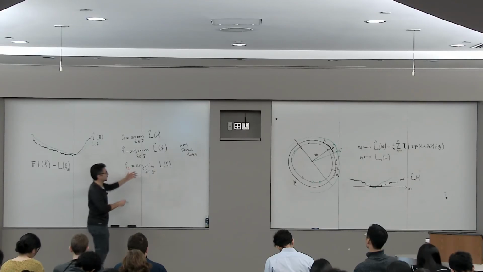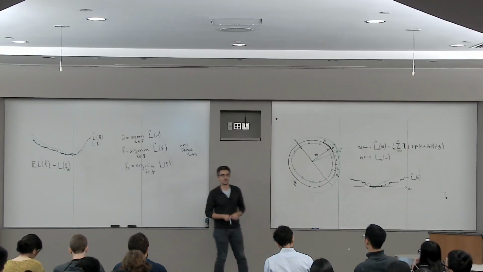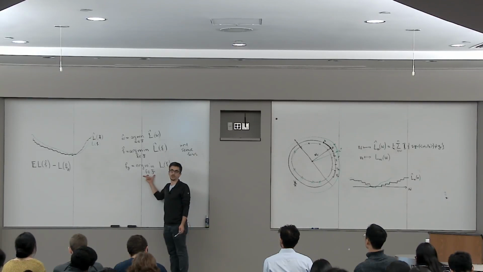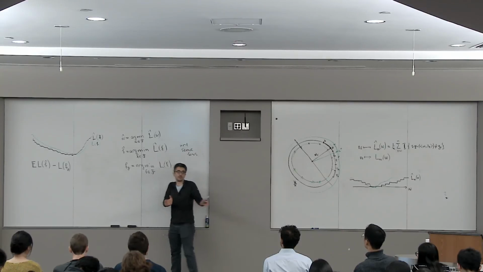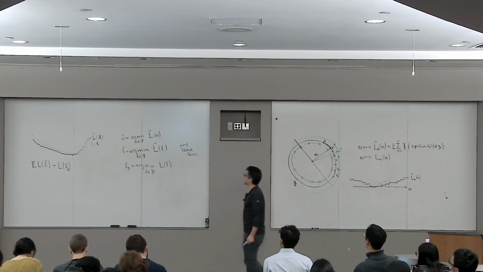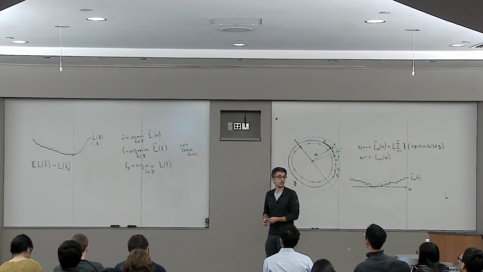I'm going to split the distance to the Bayes optimal into how well can I do against a certain class F, and then I'm going to have this leftover approximation here. Okay. Clear what the subject is?